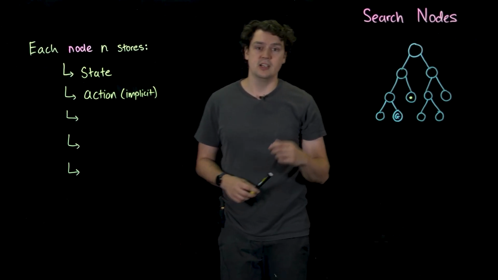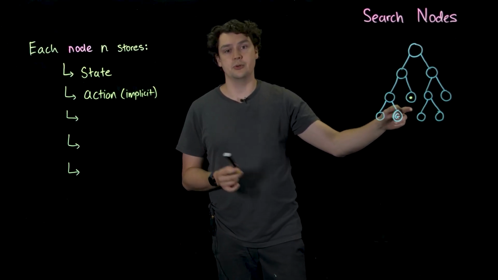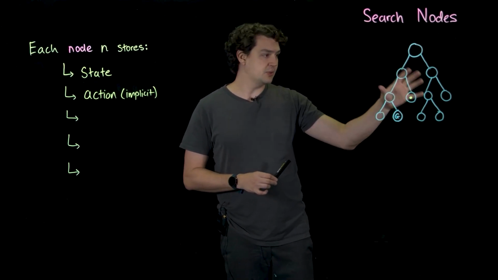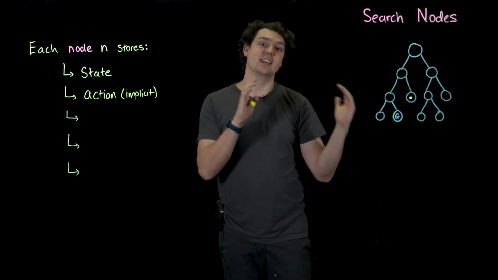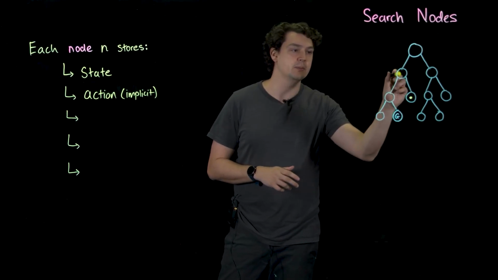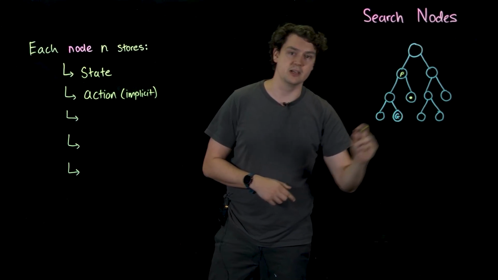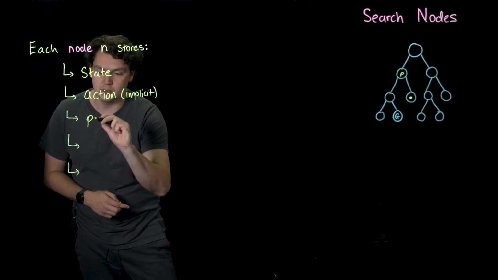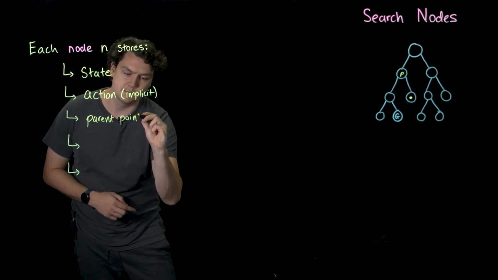The next one though is corresponding, okay, great, so we moved north to this node. But in terms of the tree itself and the data structure and how we're going to search over this in a computer, we need a pointer to where we came from. We need a pointer to the parent P. This is the parent of this node here. So we call this the parent pointer.